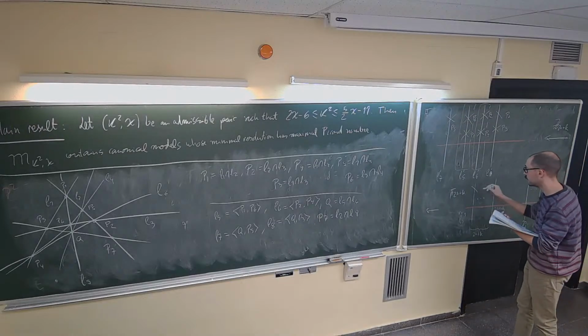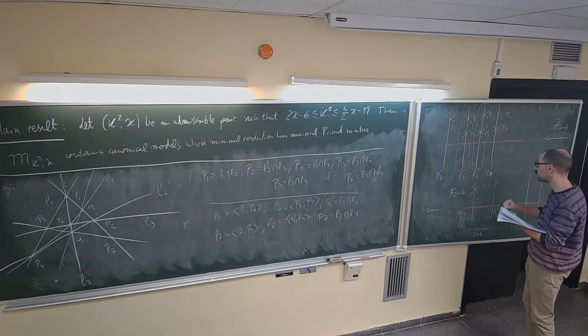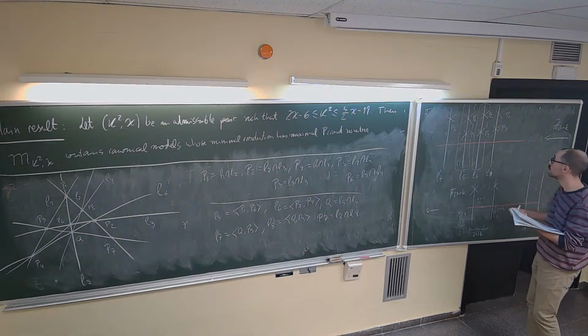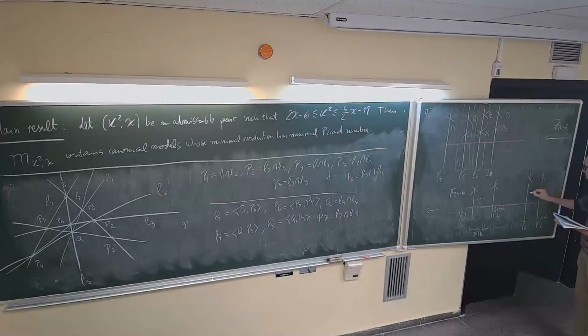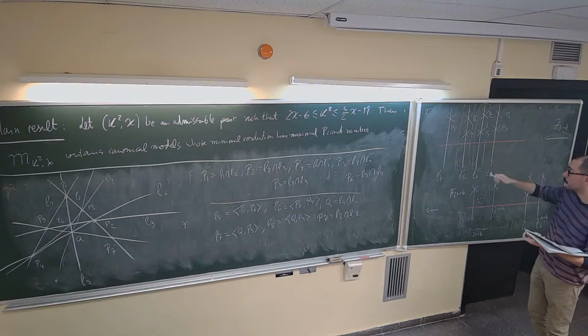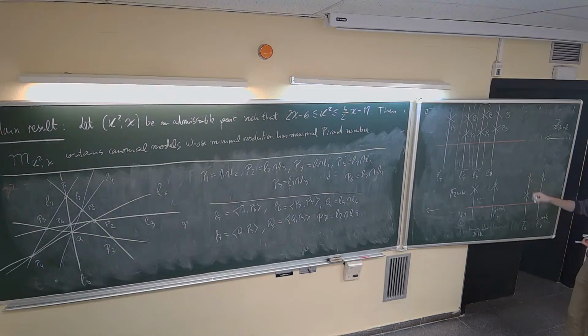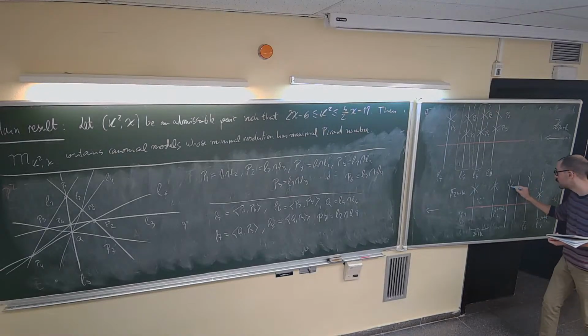Where we will have the same type of singularities. And these fibers will not be multiplied because they belong to the branch locus, but the singularities that we have here will be amplified.